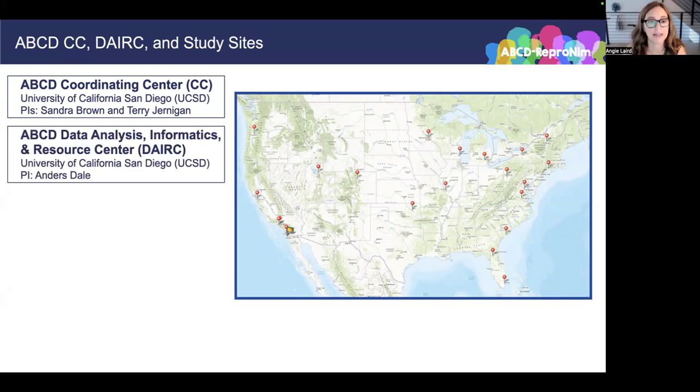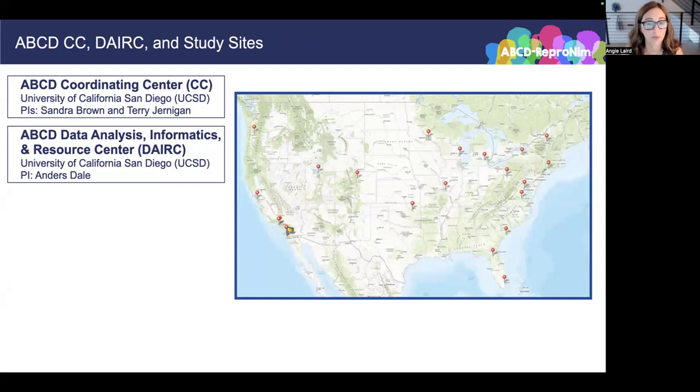Next is the ABCD Data Analysis, Informatics, and Resource Center, also based at UCSD. The DAIC is charged with the establishment of a harmonized MRI acquisition protocol, central capture, secure transfer, and storage of many different data types, the rigorous quality control and quantitative calibration procedures, centralized image processing, information extraction, statistical analysis tools across measures and modalities, and the public sharing of data and tools.